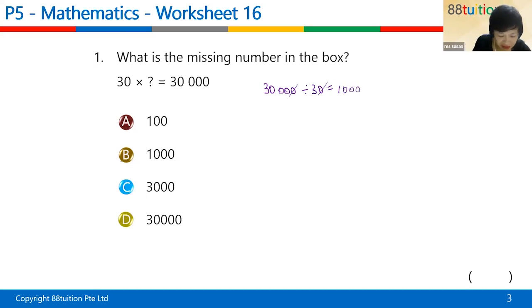So that comes down to option B. Wait, 30,000, 2 zeros only, sorry. 1, 2, 3. 1, 2, 3, 4. Cancel away 1. Left 3.